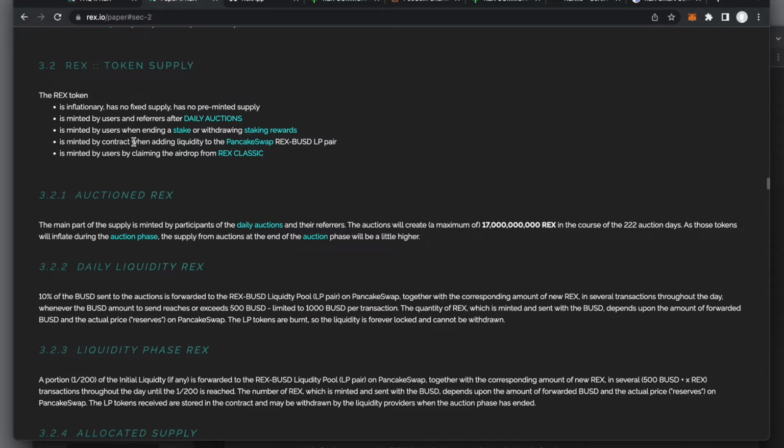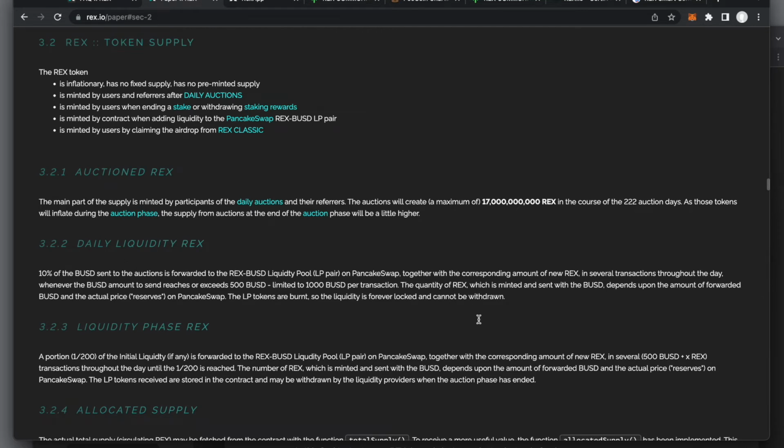Minted by the contract when the contract adds the liquidity. So not when people add the liquidity, but when the contract adds this liquidity, this 10% of the BUSD that's sent into auction each day is used to mint REX and then put the REX BUSD liquidity pair into the liquidity pool on PancakeSwap.